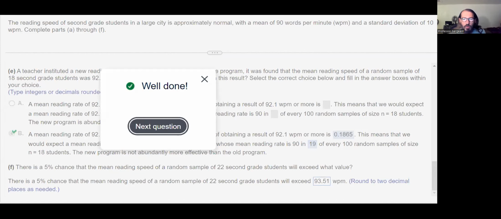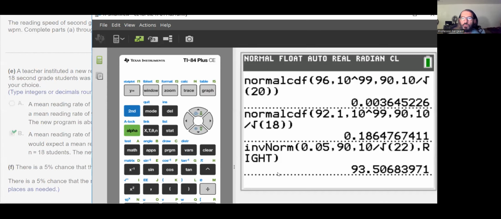Okay, now before I go on to another, what if you don't have those choices? By the way, if your calculator is old enough where you didn't even get a menu for the normal CDF command, if it puts you right back in the home screen, then you'll be putting lower bound, upper bound, mean, and standard deviation.